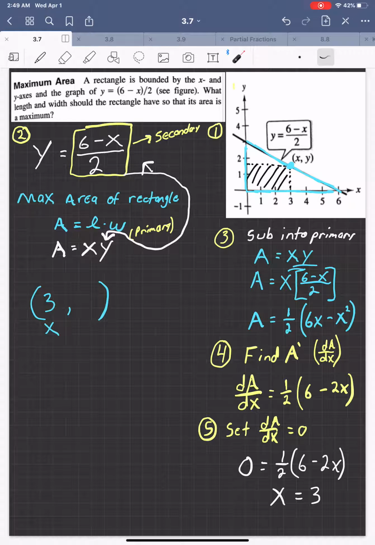If you choose 3 for x, we can plug 3 in for this y equation and figure out what y will be. So if I plug 3 in for x, I will get back out, I think it's 1.5, so 3 over 2 for y.